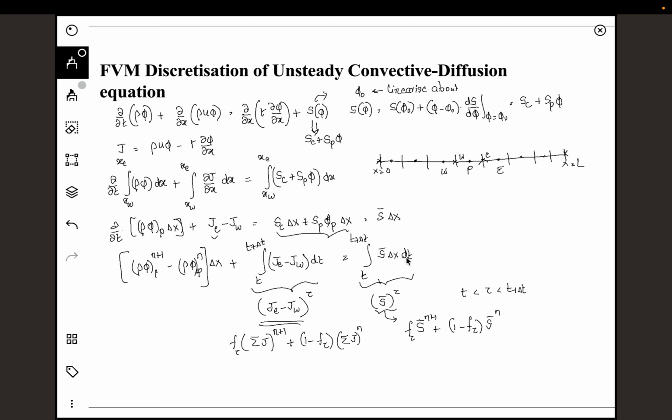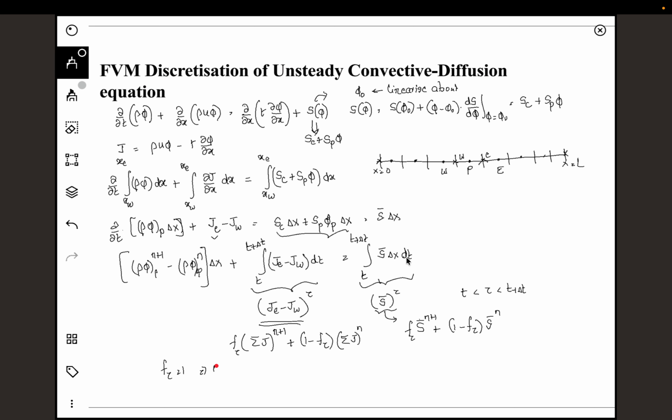What we were doing between xe and xw is taking the cell-centered value, which is basically the arithmetic average of the east and west points, and then calculating at xp. Similarly, here we can choose the value of tau in such a way that f tau will affect that. If you choose, for example, f tau equal to 1, then this entire thing is replaced with the value from the future time step.